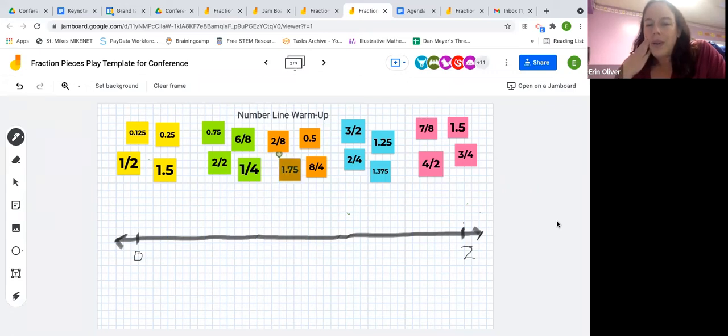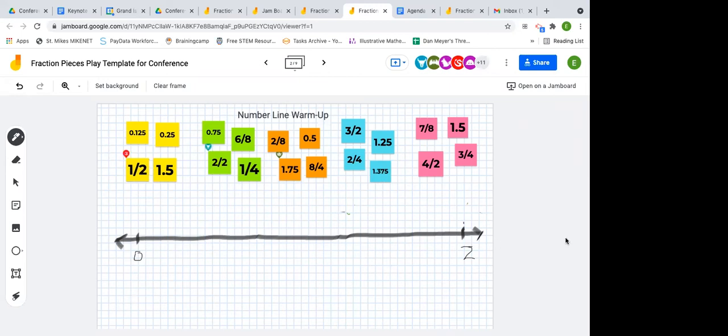I want to show you what this routine looks like. So I need 5 volunteers to try to place their stickies on the number line below. And you are not allowed to move someone else's color. So you are only allowed to move your color. All right, go ahead and try to put them on.